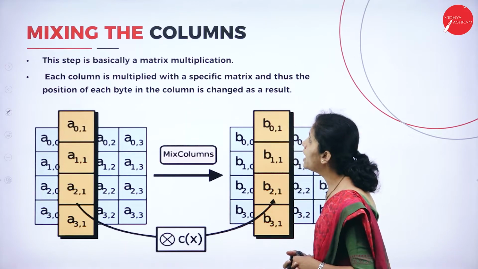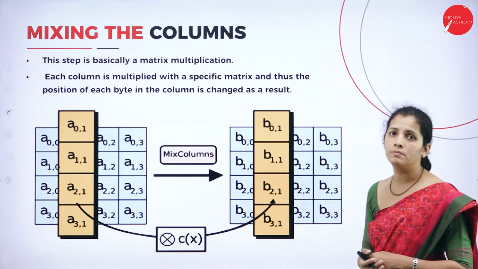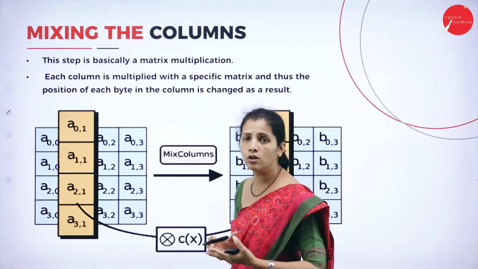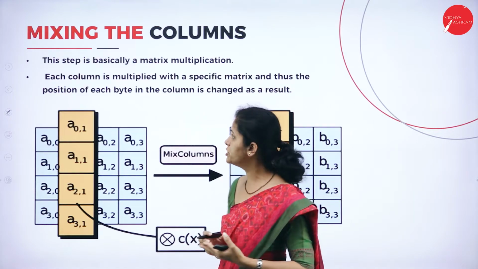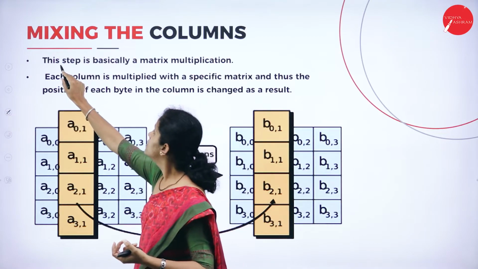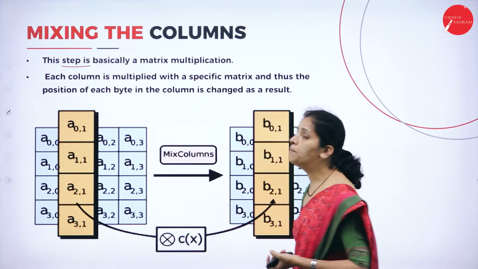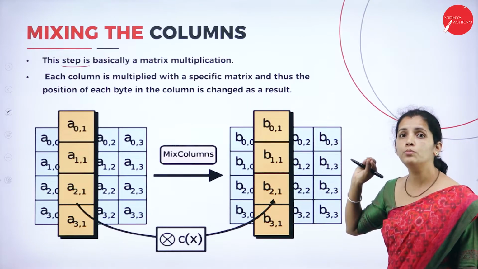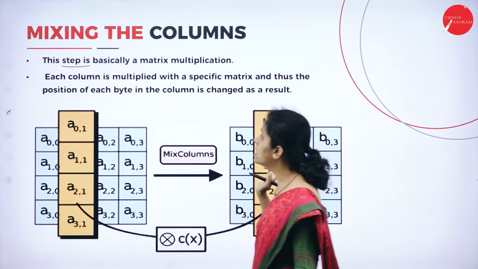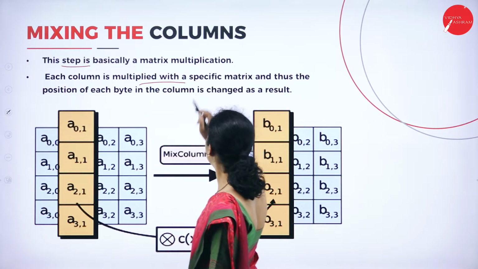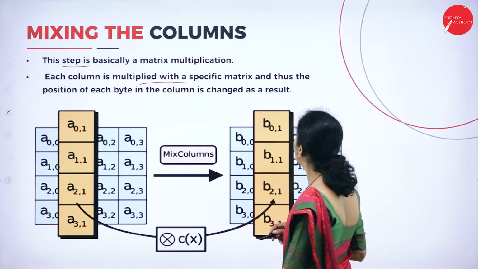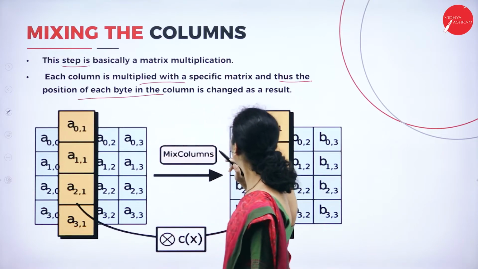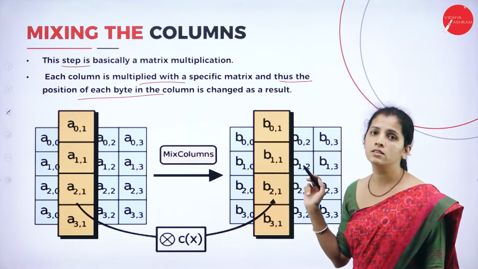Now I'm going to have the mixing of the column. How am I going to mix the column? By using matrix multiplication. Each column is multiplied with a specific matrix, and thus the position of each byte in the column is changed as a result.